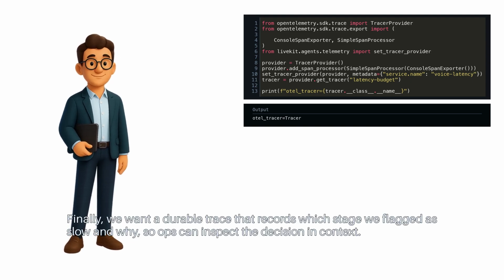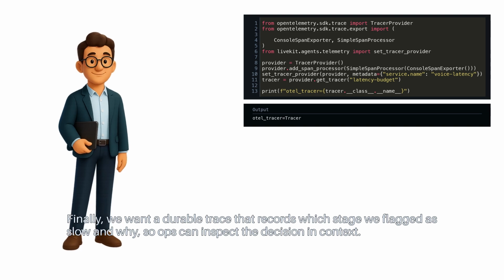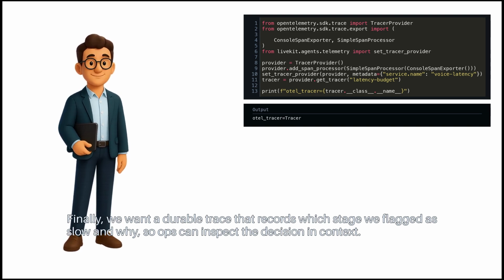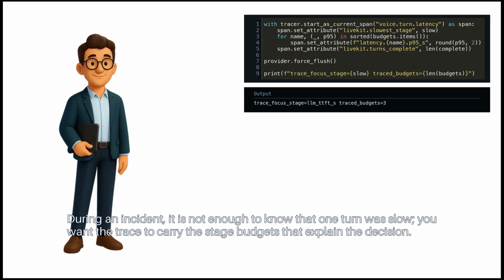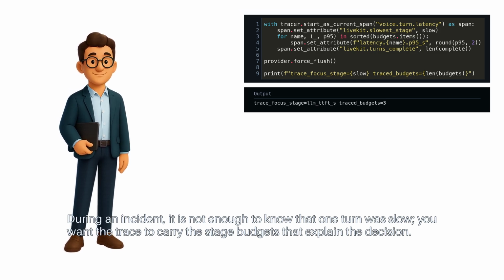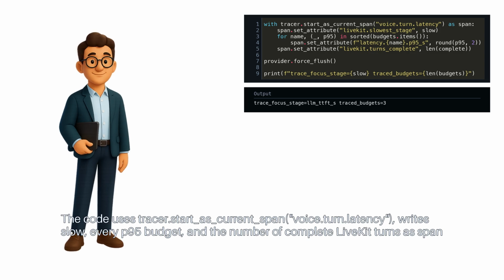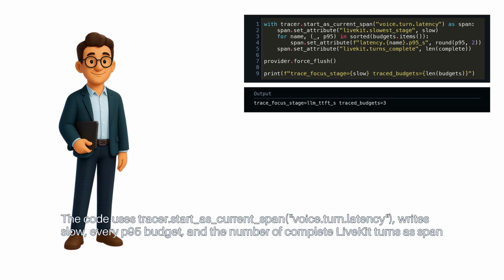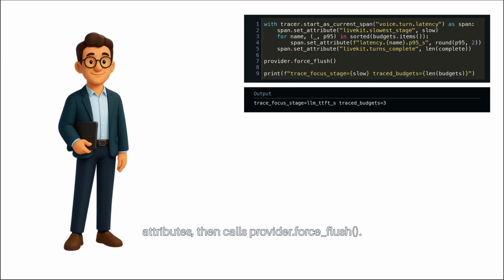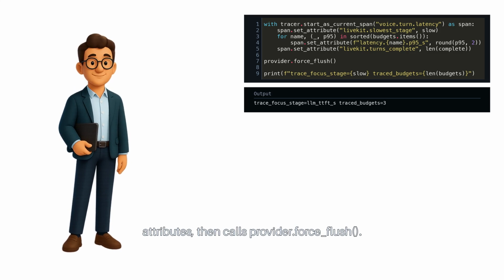Finally, we want a durable trace that records which stage we flagged as slow and why, so ops can inspect the decision in context. This example records the latency diagnosis as an OpenTelemetry span you can inspect later. During an incident, it is not enough to know that one turn was slow. You want the trace to carry the stage budgets that explain the decision. The code uses tracer.start_as_current_span, voice_turn.latency. It writes slow, every P95 budget, and the number of complete LiveKit turns as span attributes, then calls provider.force_flush.